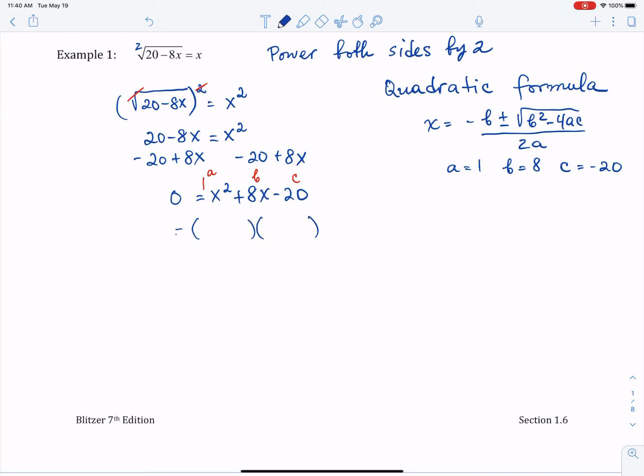At this point, there is something called the zero product property, and based on this property, if we multiply two numbers and the result is 0, then either one number must be 0 or the other number is 0. So based on the zero product property, either x plus 10 is equal to 0 or x minus 2 is equal to 0.